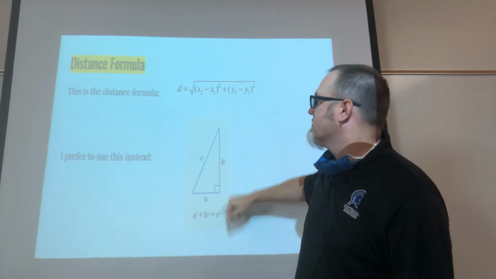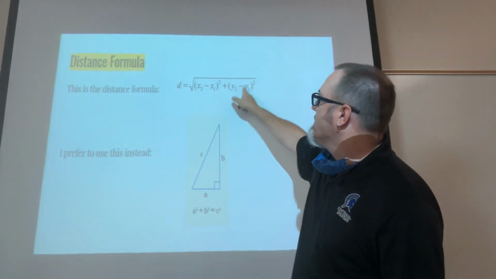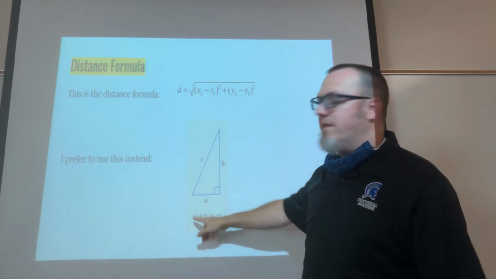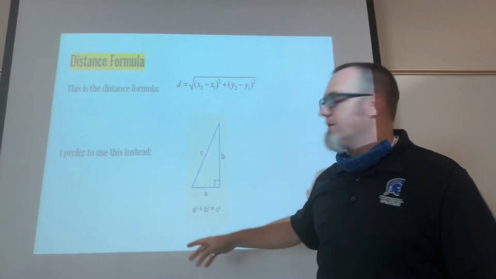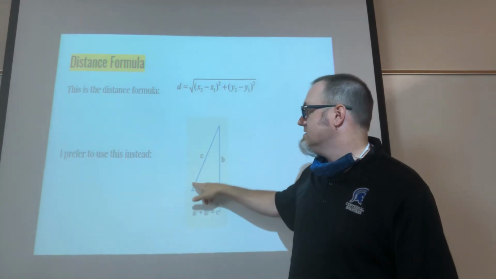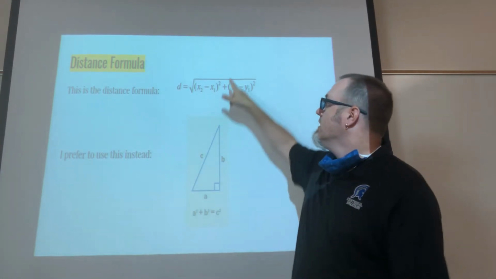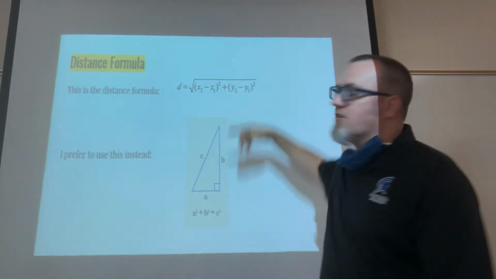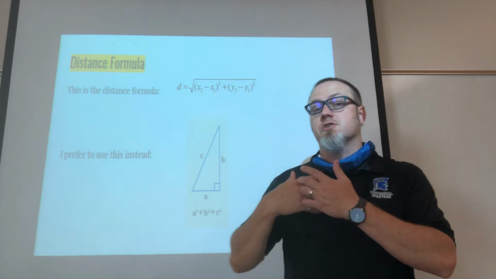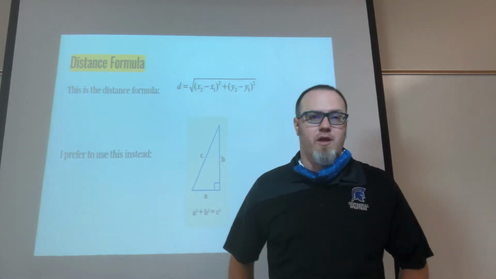We square both of those just like we would here, and then down here on the Pythagorean theorem, that's equal to c squared. So in order to get c, this distance, we would have to take the square root. The distance formula just takes the square root and makes that part of it. So they're not just closely related, they are exactly the same thing.